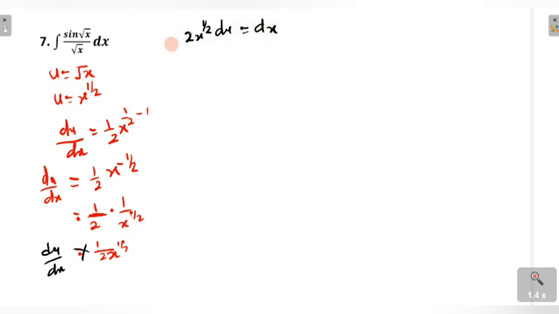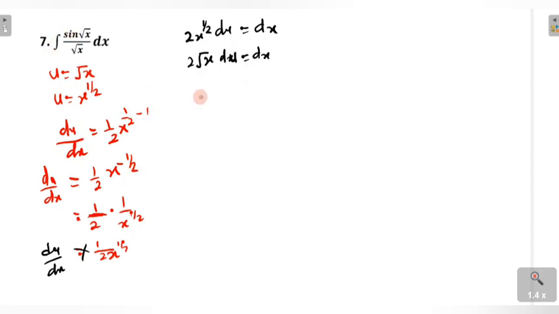We're going to use this to represent dx here. And this, x raised to the power 1 over 2, is the same as the square root of x, so 2 times the square root of x du is equal to dx. So take note, this and this are the same.